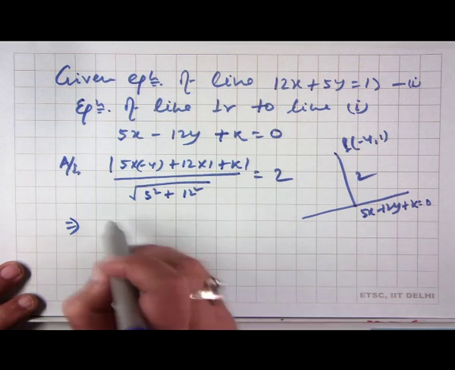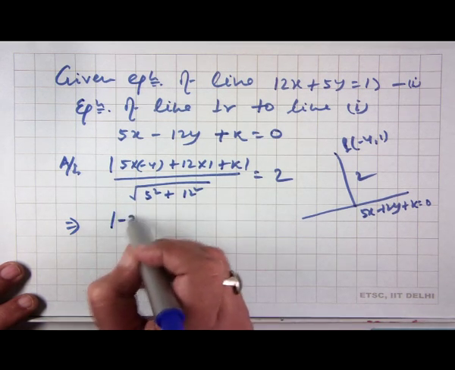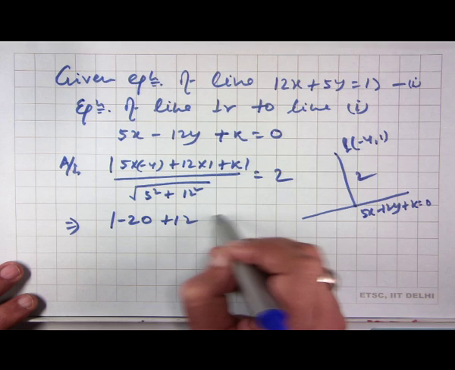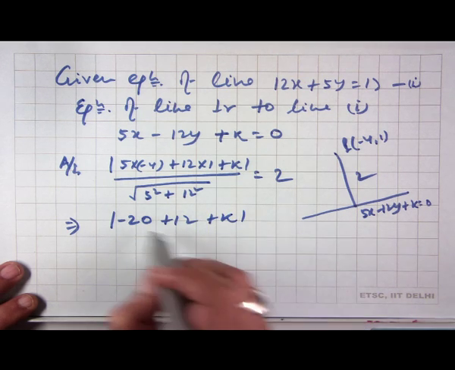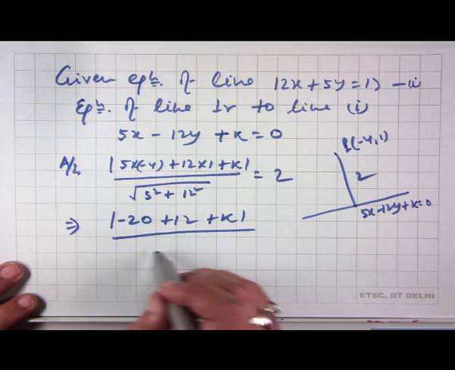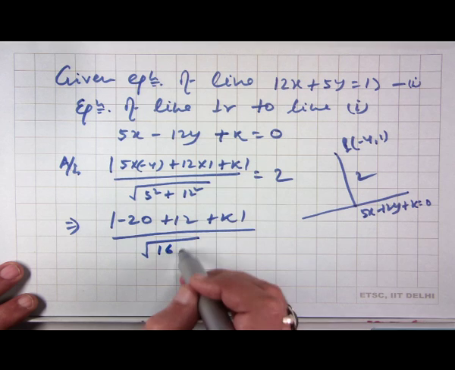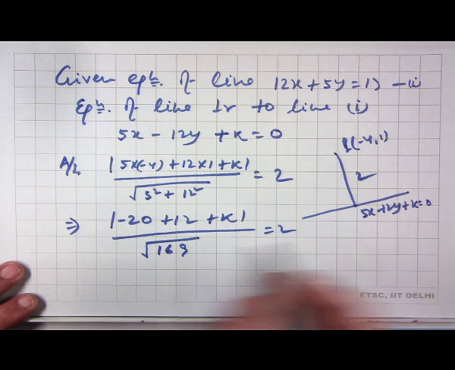This implies |−20 + 12 + k|/169 under root equals 2.